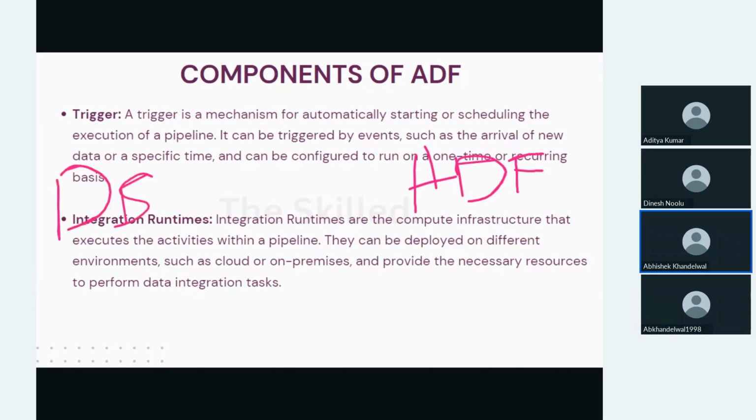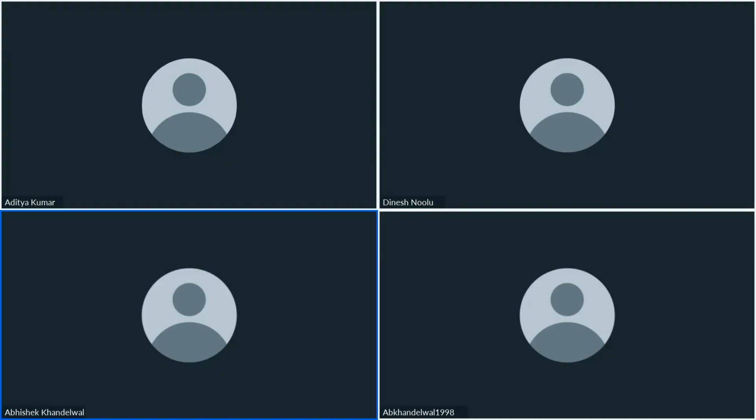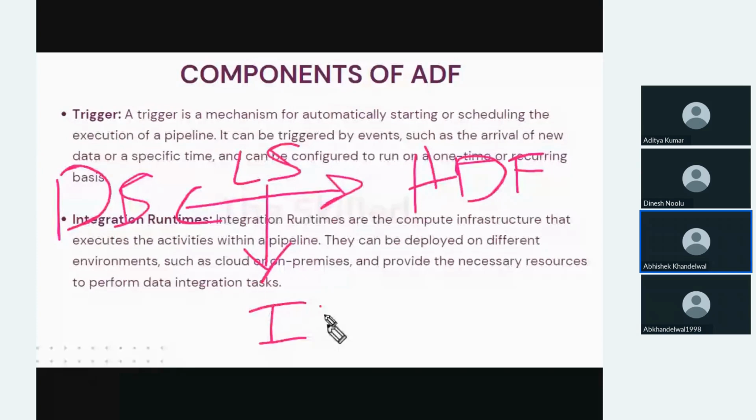To connect them, we have this linked service, but this linked service also needs to run on some infra, either a server or an infra platform where this complete data movement is happening. That infra is known as integration runtime, or IR.